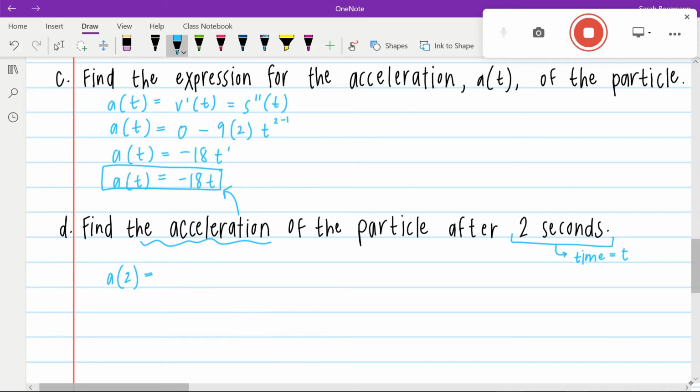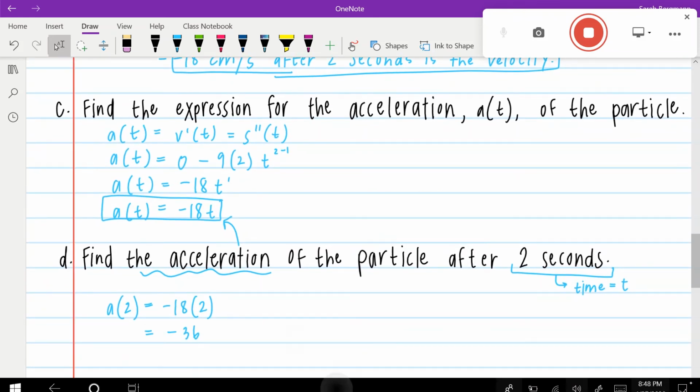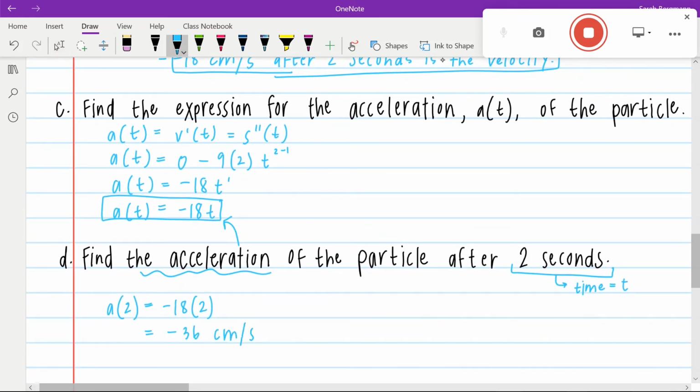So what we're going to do is plug in 2 anytime you see the variable t. So negative 18 times 2 gives us negative 36. And our units on this, since we are talking about acceleration, are going to be centimeters per second squared.